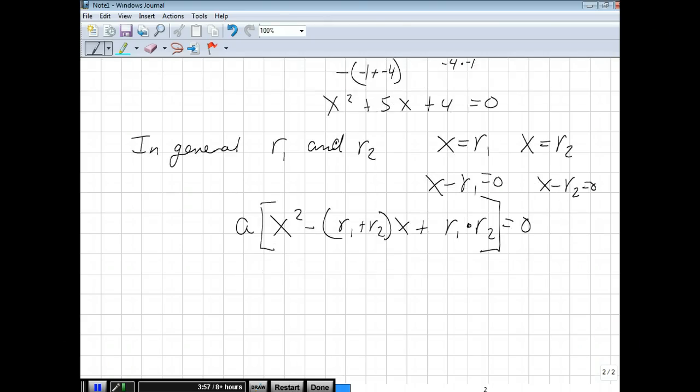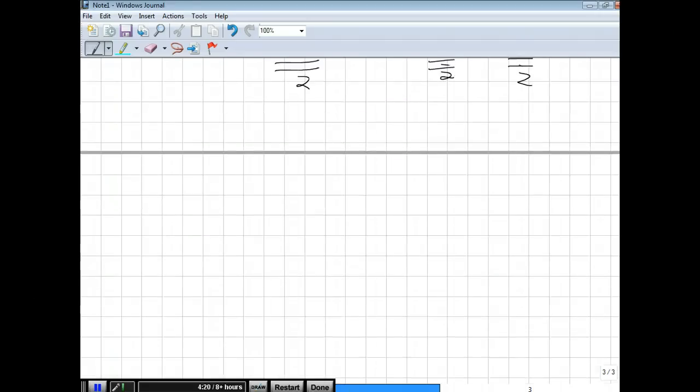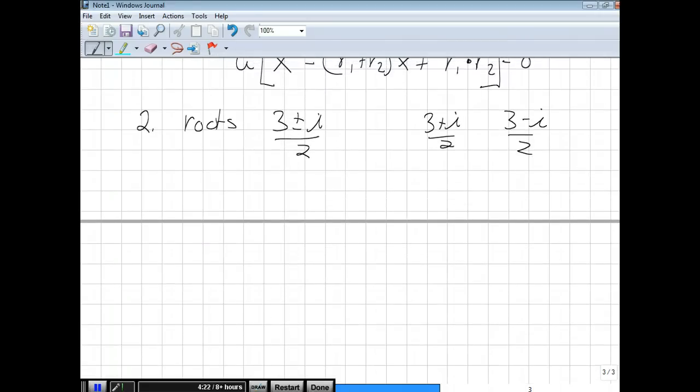So let's look at example 2. Okay? In example 2, my roots are 3 plus or minus I over 2. Now remember, that's really 3 plus I over 2 and 3 minus I over 2. Okay, so remember, that's really two separate numbers, right?